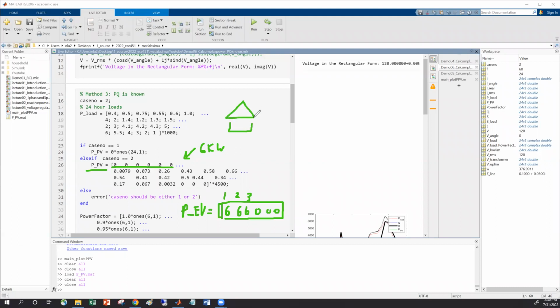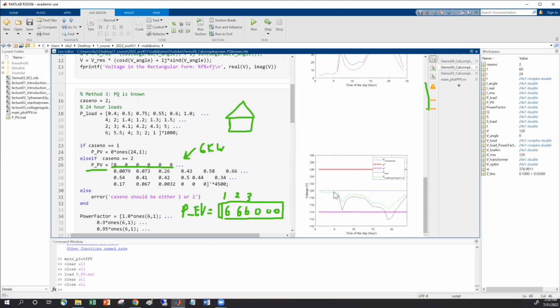You can see how the voltage will change when you have different kinds of load connected to the house. Suppose your transformer voltage can be maintained at 120, what would the load side voltage look like?